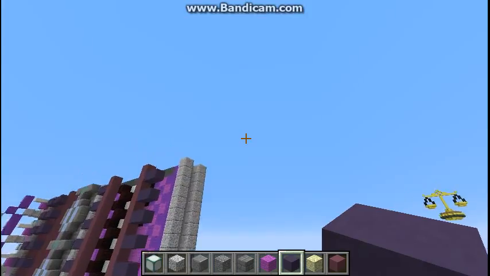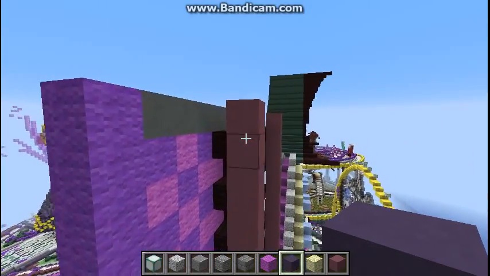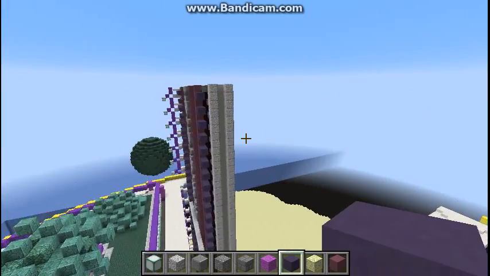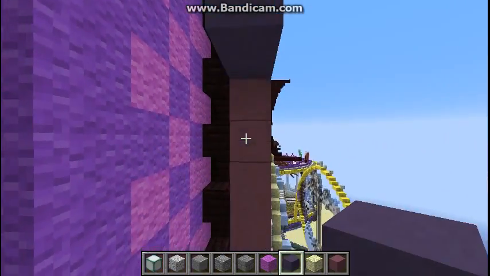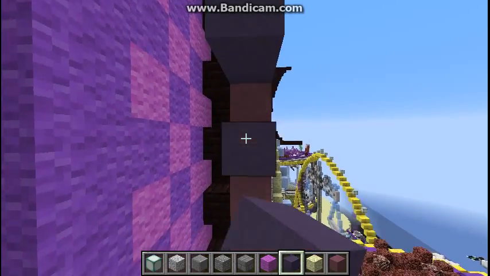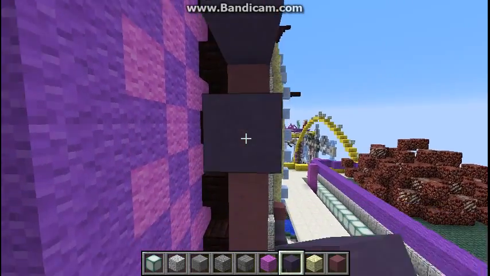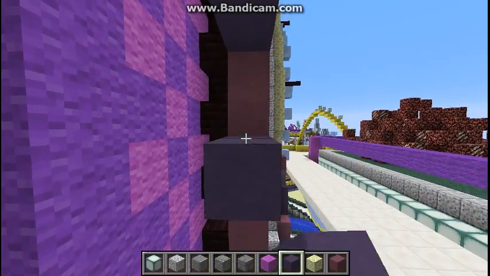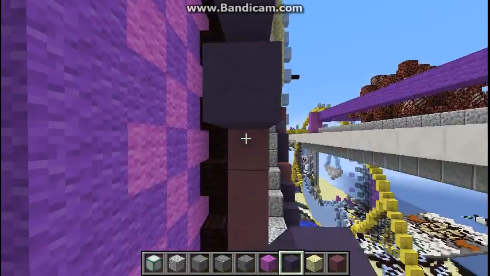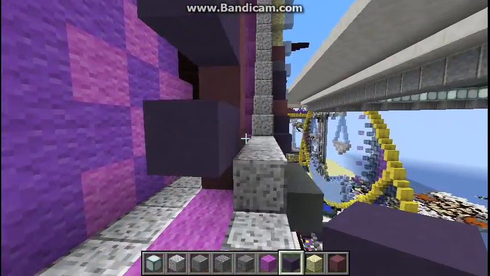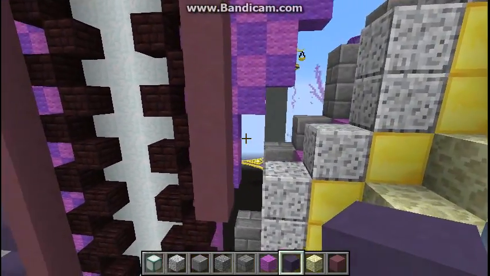Oh, where's that? Okay, that'll be easier to figure out from the top, I think. Dang it. Okay, now this side.